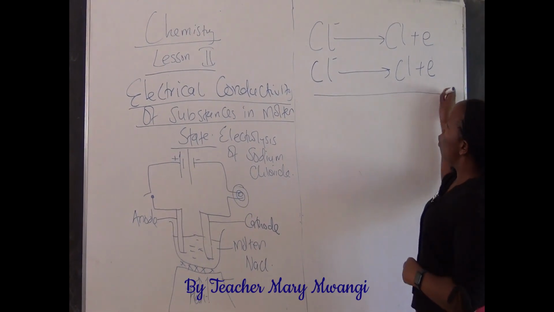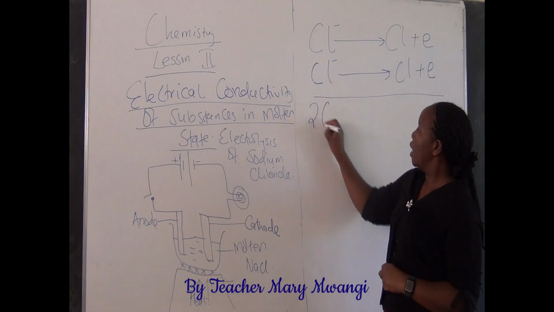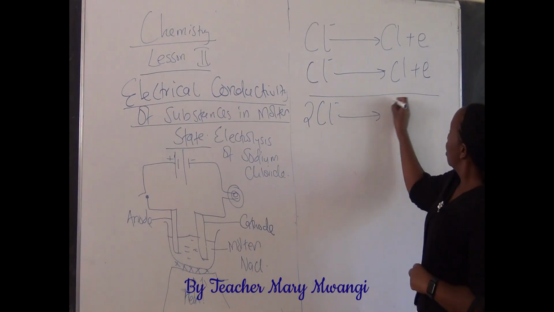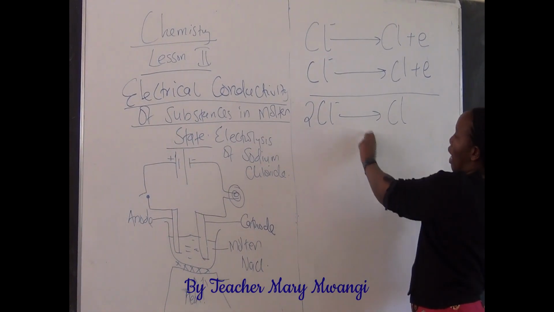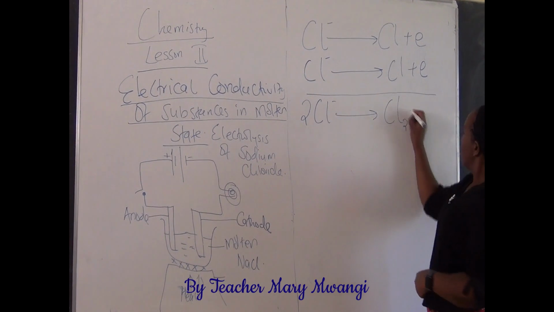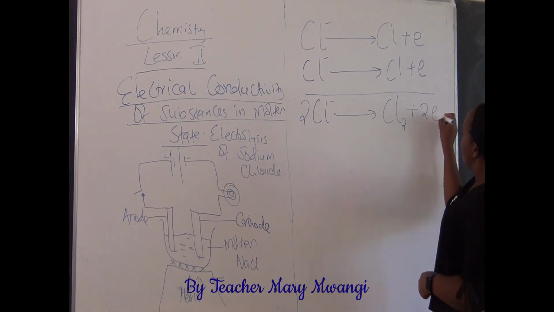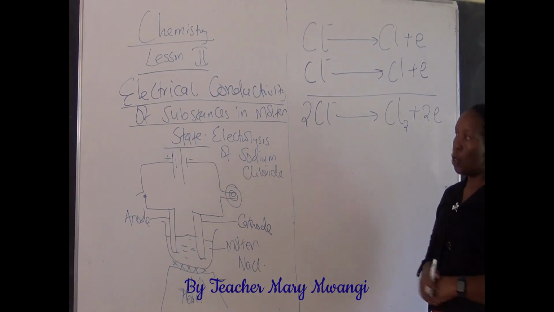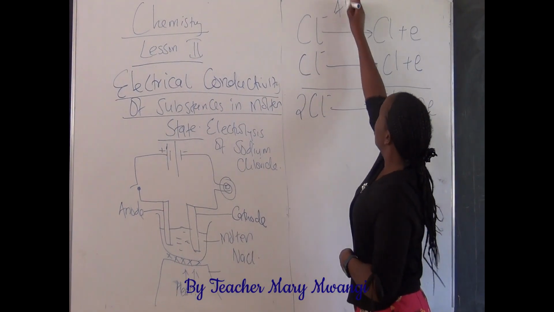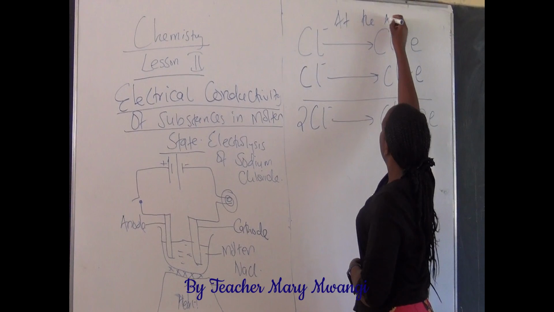And now the overall here will be 2 chloride ions giving out 2 electrons and forming a molecule of chlorine. So this is what will happen at the anode. So this is the reaction at the anode.